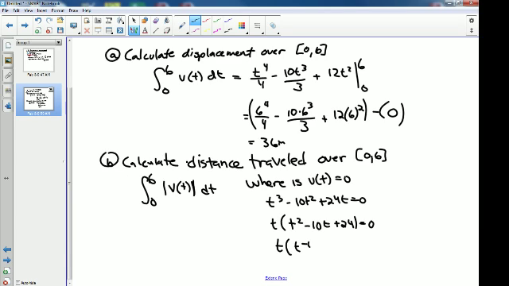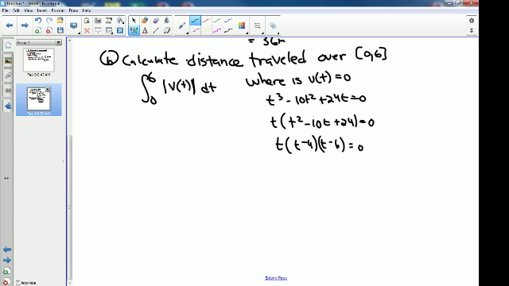T minus 4, T minus 6. So what are my zeros? Yeah, so T equals 0, 4, and 6. Do we need to worry about out here? The interval is only from 0 to 6, right? So we don't worry about the outside.